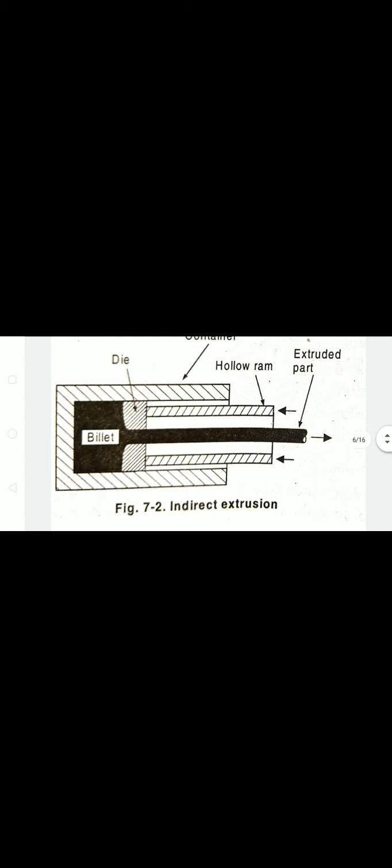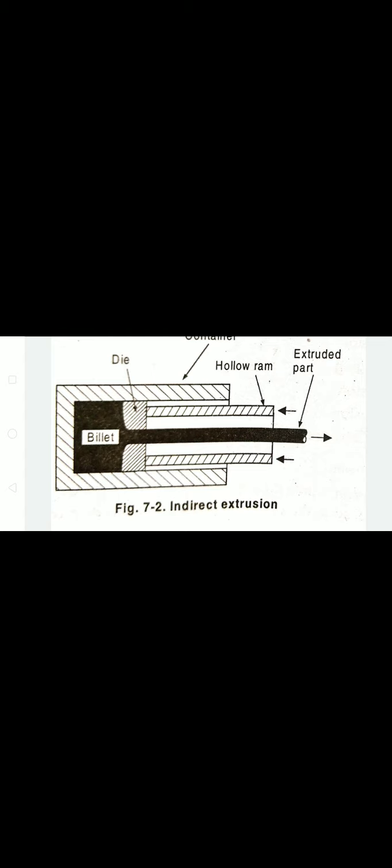The principle of indirect extrusion is clearly shown here. In this process, the die is carried by a hollow ram, and it is forced against the hot metal billet.